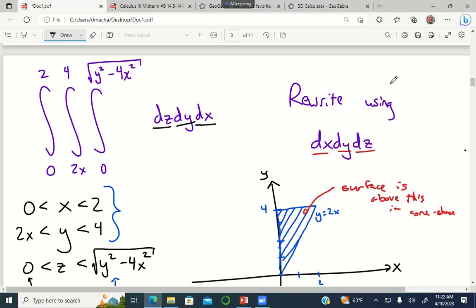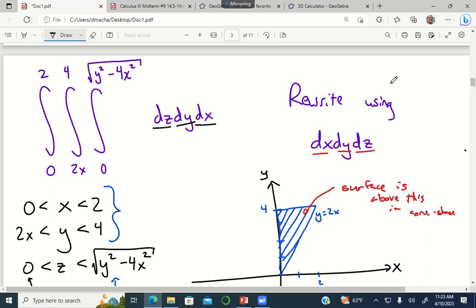Oh. But the order of integration means that I can make my y bounds a function of z, but not a function of x. And then lastly, my x bounds would have to be constant, because that's the last stop in the line. There's no more integrating after that.